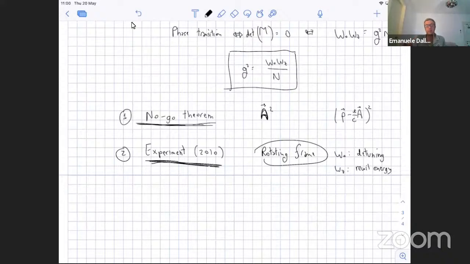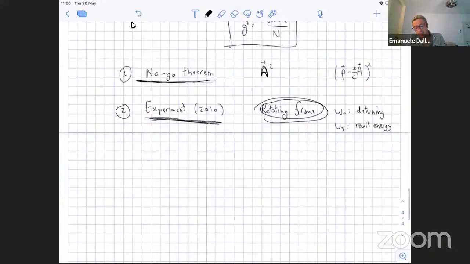So whether the no-go theorem in the static case applies or not is still debated. But at least this experiment was able to realize it in a different frame where the no-go theorem does not apply, and where you can also reduce omega 0 and omega z. So that's the state of the art.